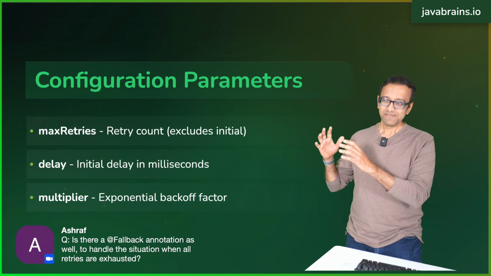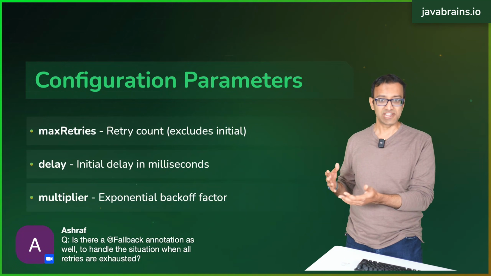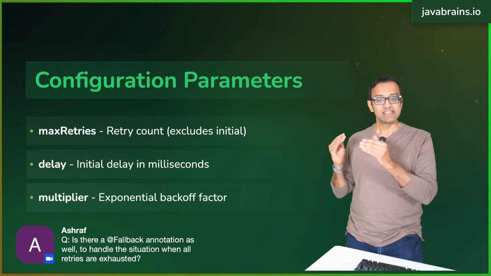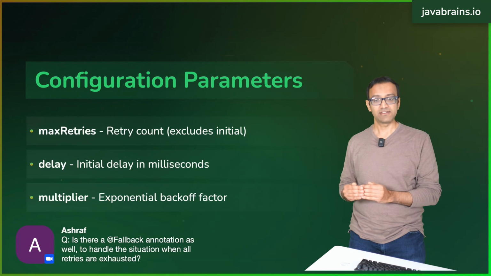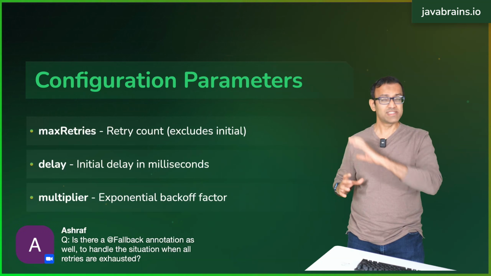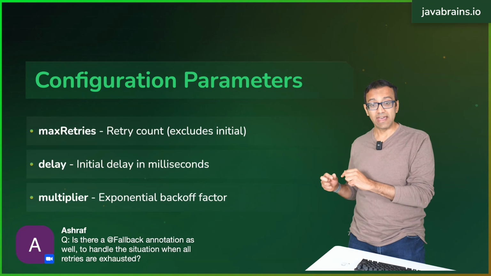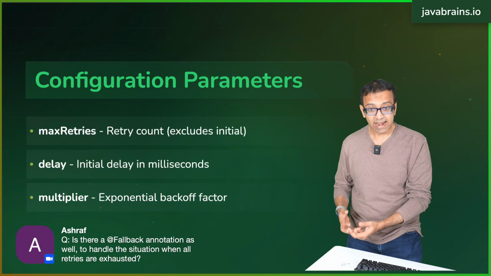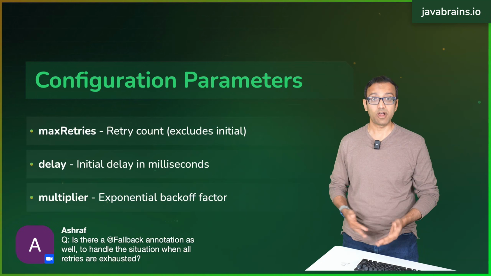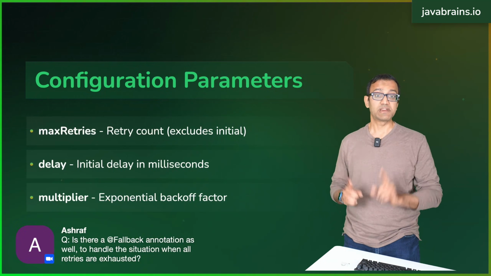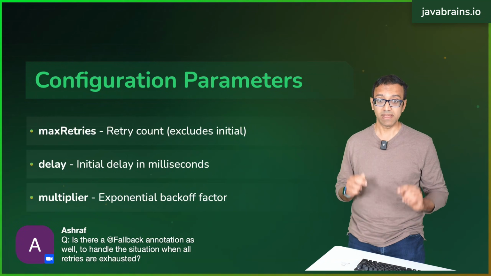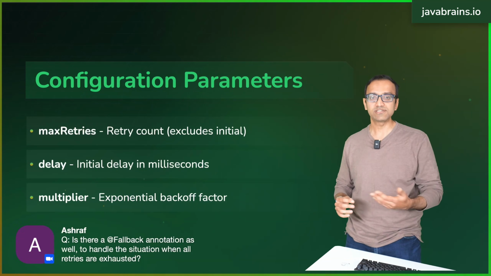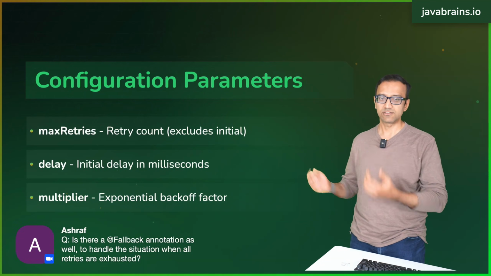So you can retry with Resilience4j, and if the retry fails, there is a recover annotation that you can put on a method with the exact same signature, and the library is going to call that and return back. So that's a fallback mechanism. But Spring Framework 7 does not have it. It retries, and if it continues to get the exception, it throws the exception back.